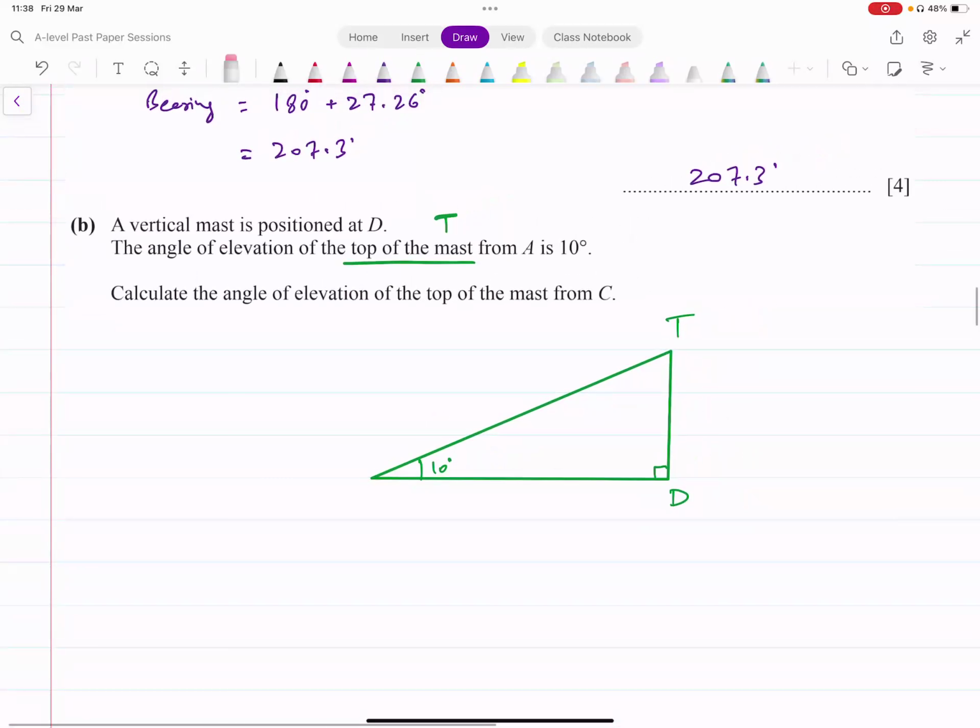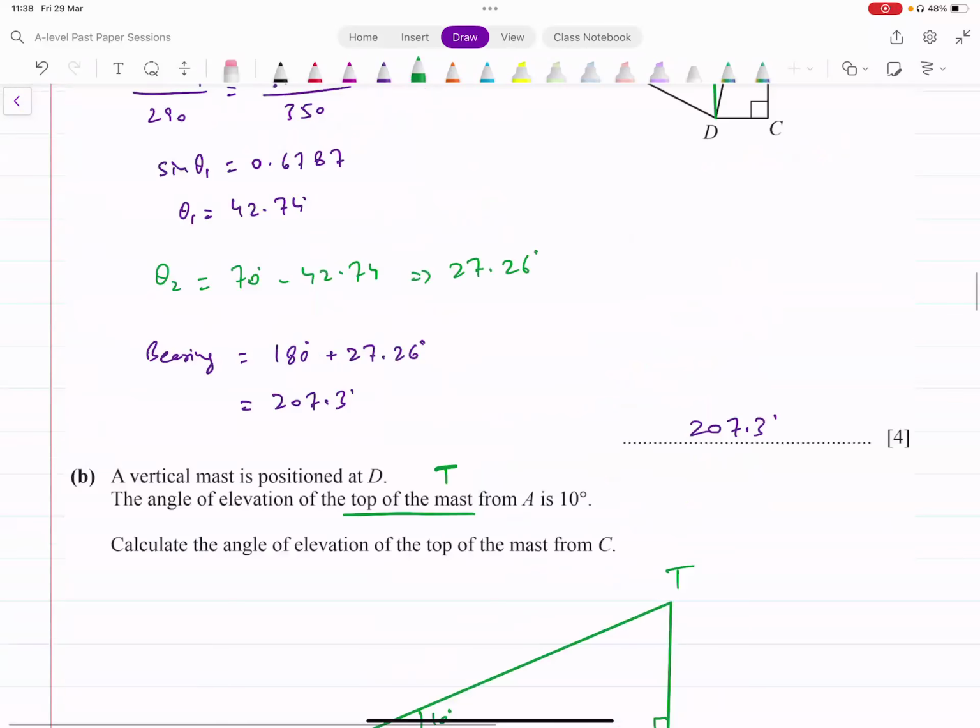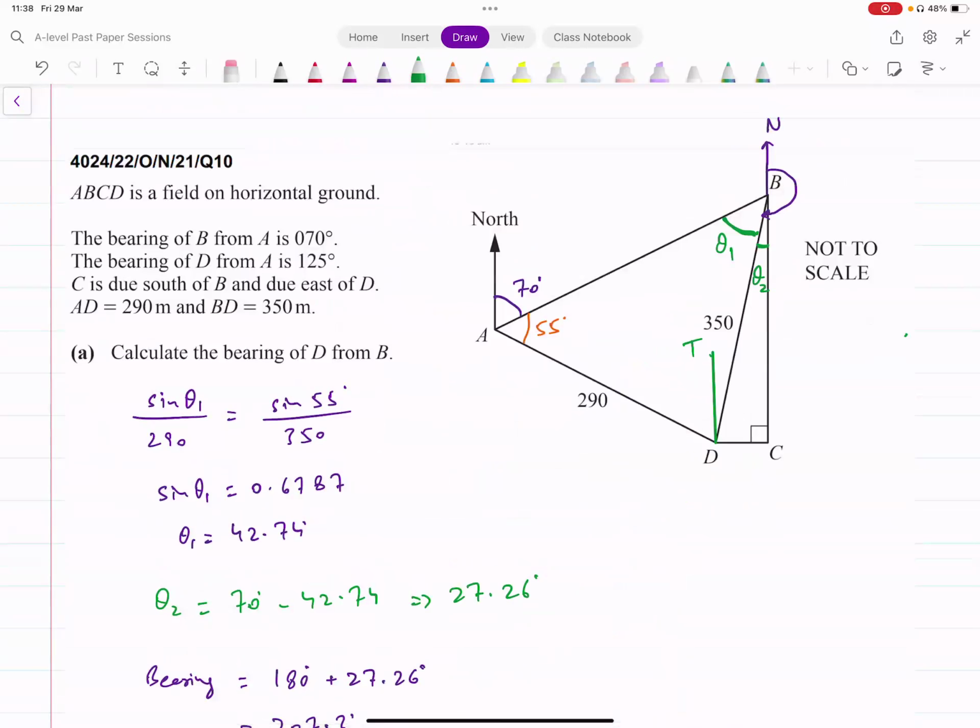We need to find the angle of elevation of the top of the mast from C. Now, if you were to draw a line from A to the top of the mast, remember this is coming out of the screen. This angle we are given is 10 degrees. Remember, at the point where you have something vertical standing, all the angles are 90 degrees.